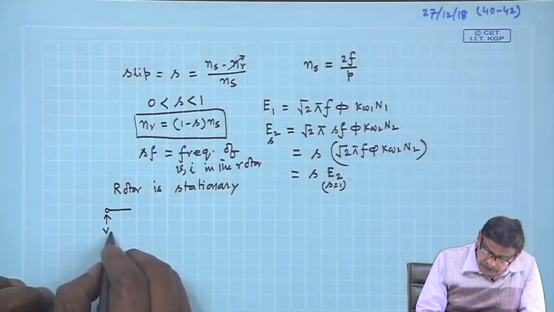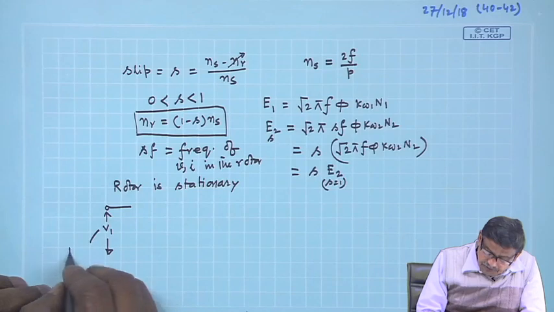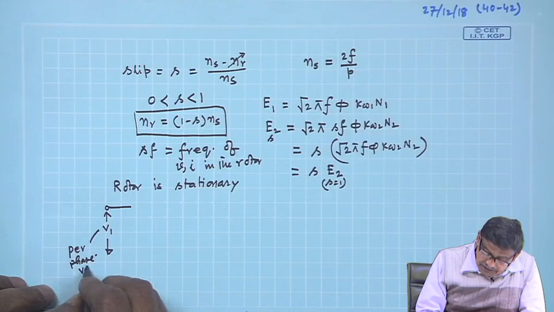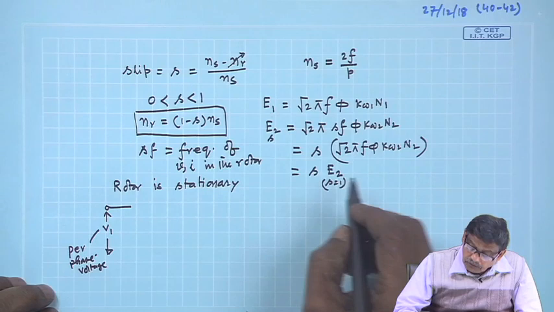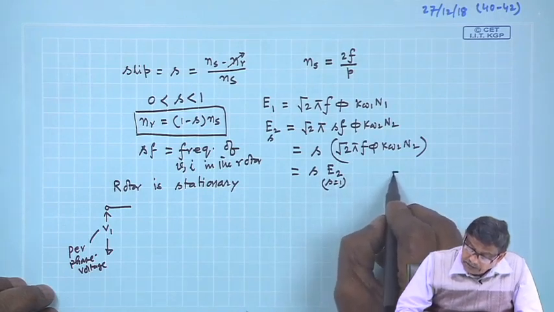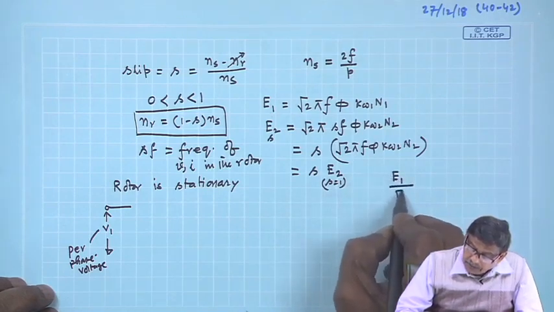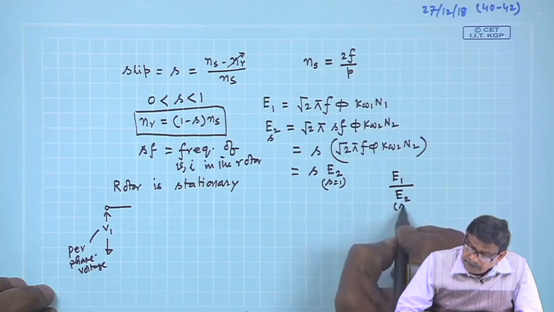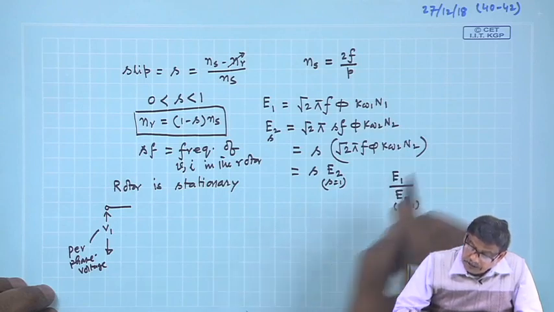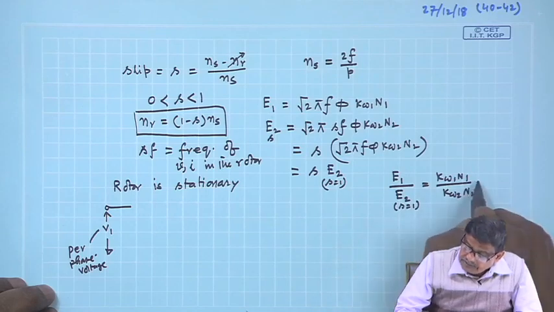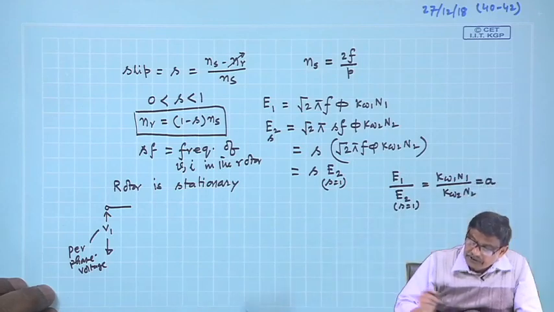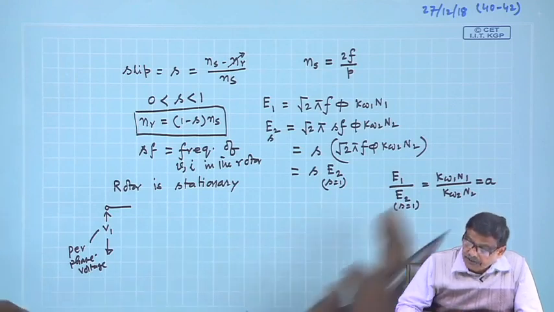Suppose V1 is the per phase voltage applied, and also note that at S equal to 1, E1 by E2 is nothing but kw1 N1 by kw2 N2, and this can be termed as the effective turns ratio between stator and rotor.